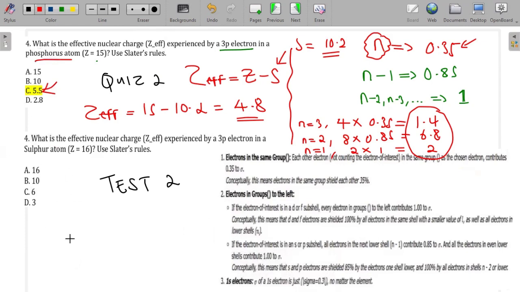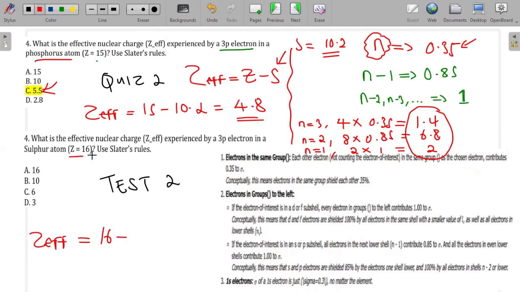And then here, we can do the approximate way, and this also we can do. So the approximate way will just be the effective nuclear charge, Z is 16, minus the electrons that are in the energy level where the electron of interest does not belong.